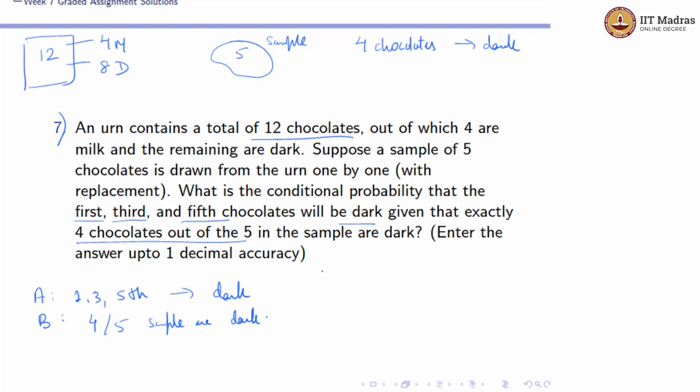Now we have to find the probability of A given B. So this is going to be probability of A intersection B divided by probability of B.